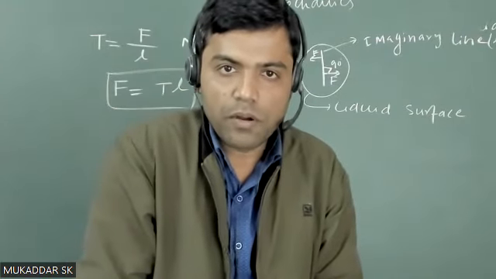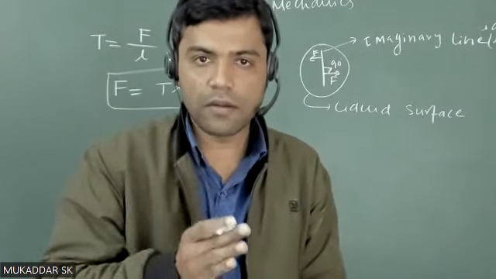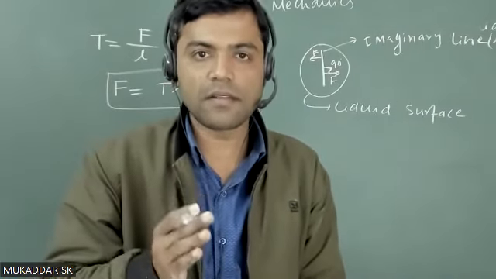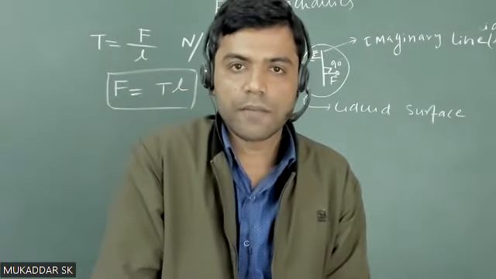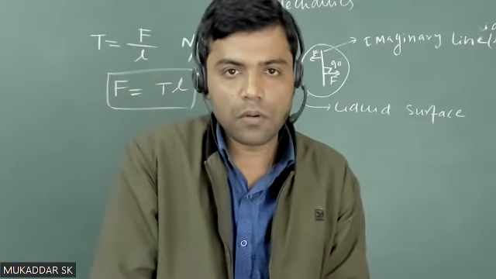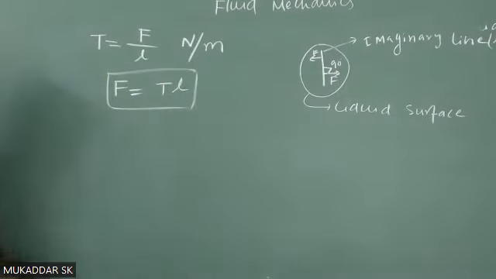But from the exam point of view, they will not ask you net force, rather they will ask you force acting on this thread. Force acting means they are asking the force acting on each side. Net force will be 0, but on each side the force will be T into L.